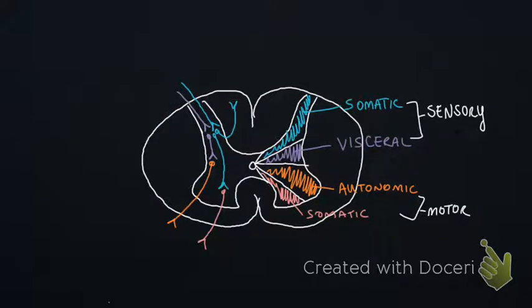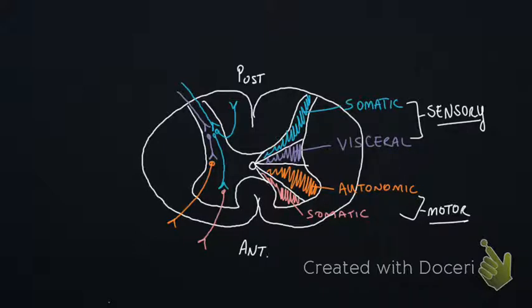In this picture, I've broken it down even more for you, and color coordinated it so that you could see the areas of the gray horn in which sensory enters and which motor exits. Remember, this is posterior and this is anterior.